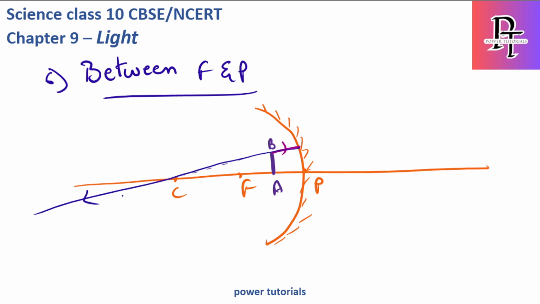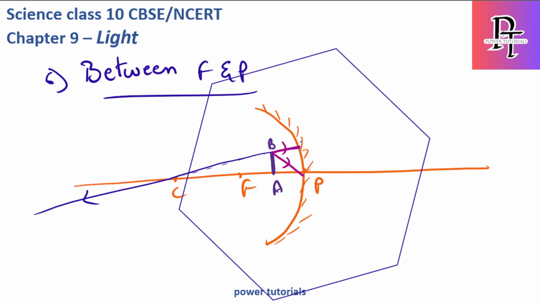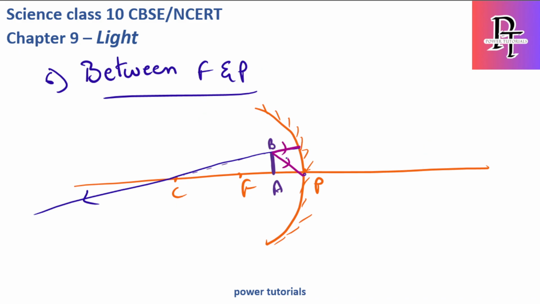Okay, we got one ray which is this one, and we have one more: if a light ray is passing through the pole, I told you this, the reflection will be exactly the same as in a plane mirror, which will be exactly downward. Now these two will never intersect, because this one is going one way and this is going downward.